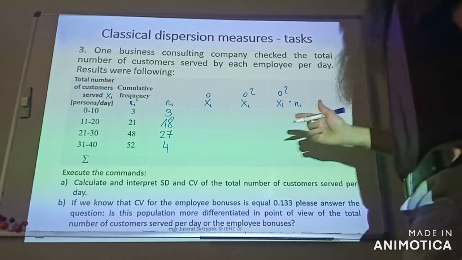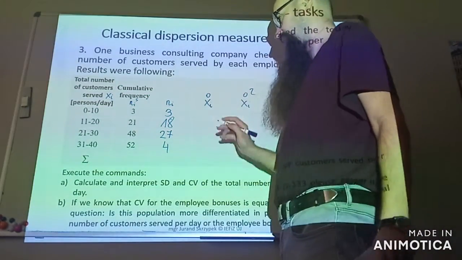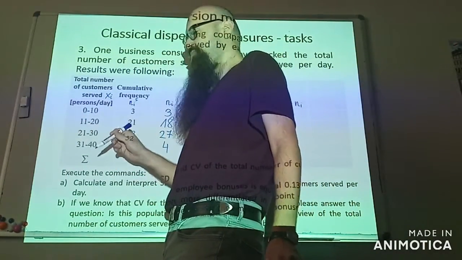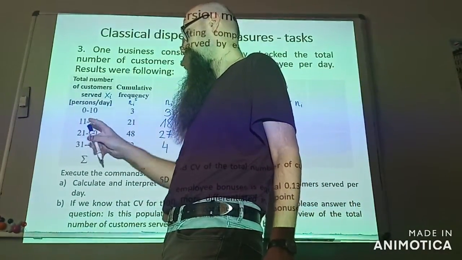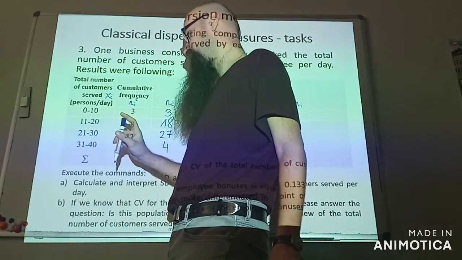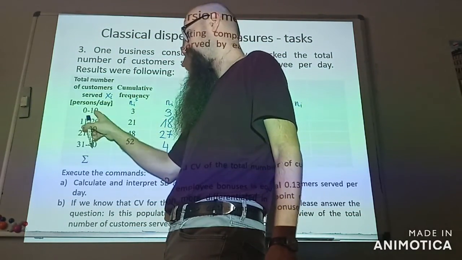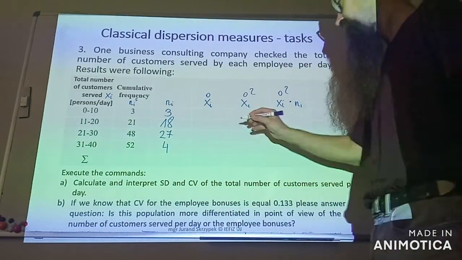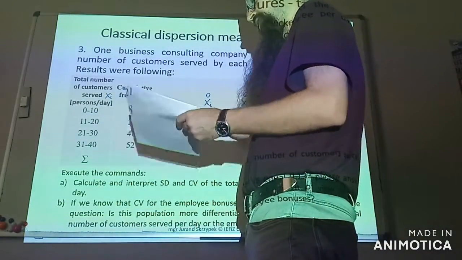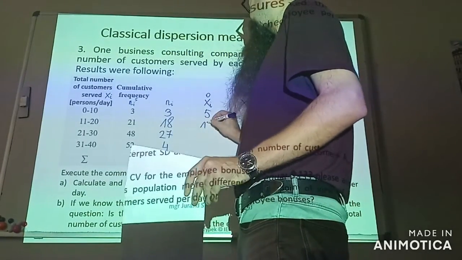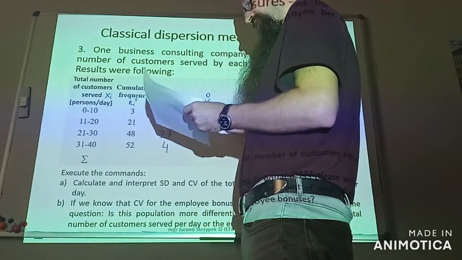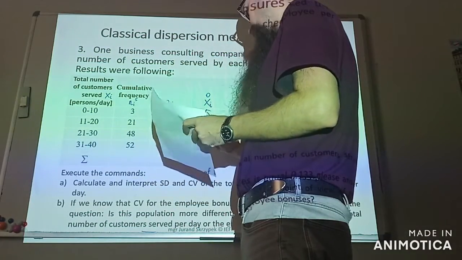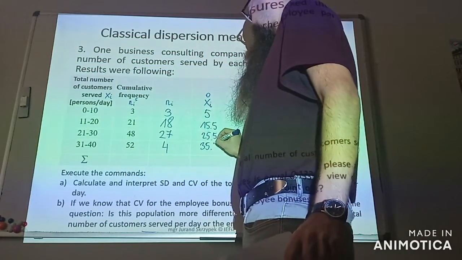and now I need the middle of the classes. As you remember, the middle of the class is the arithmetic mean between lower and upper bound of each class. So here we have 5, here we have 15.5, here we have 25.5, and of course 35.5.